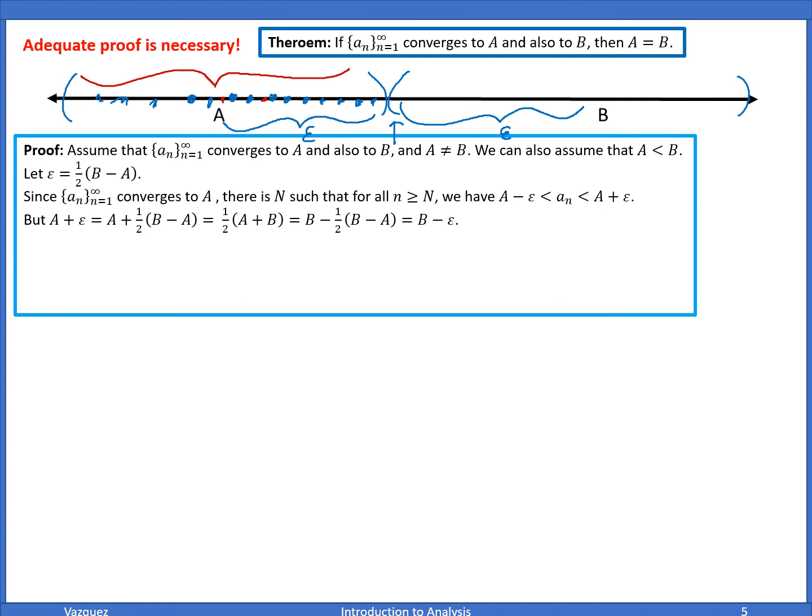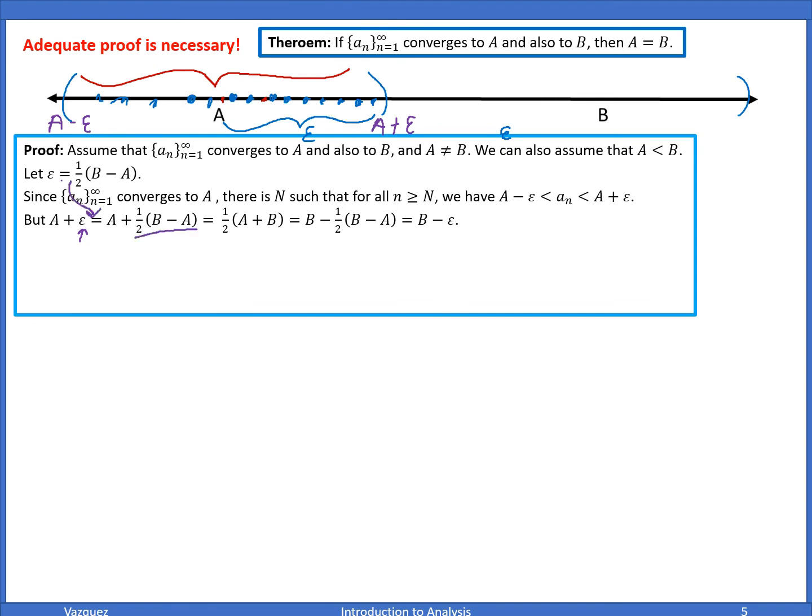So this right here, before you go on, let me erase a bit here. This here is A plus epsilon, since it's an epsilon neighborhood of A, and this is A minus epsilon. Well, this A plus epsilon, we can rewrite by plugging in epsilon from over here.